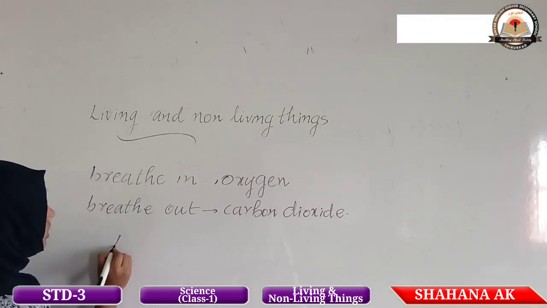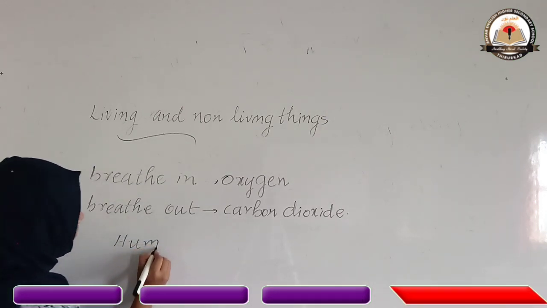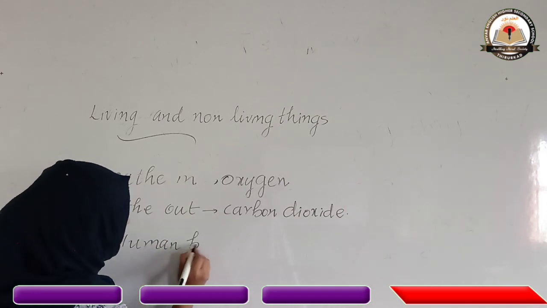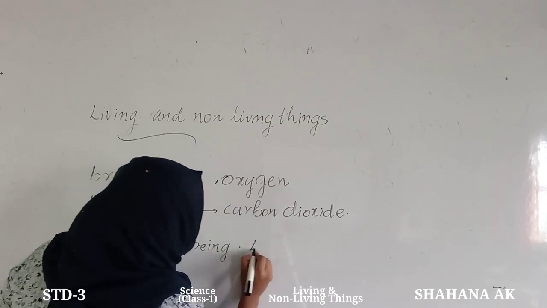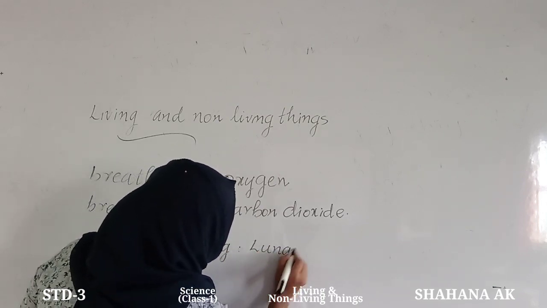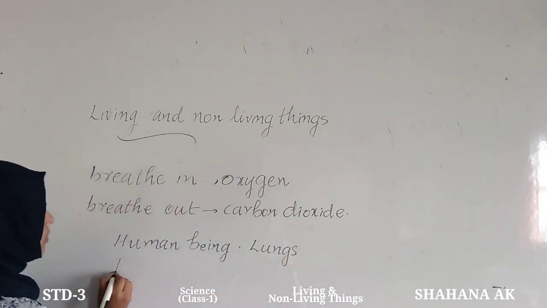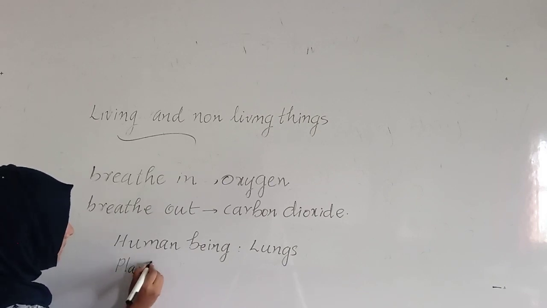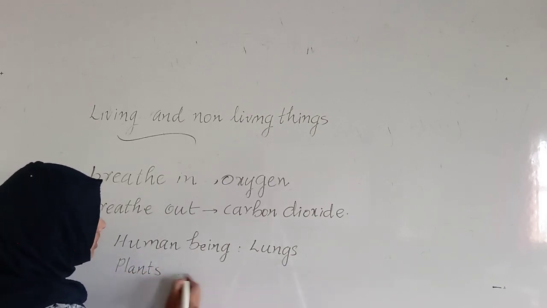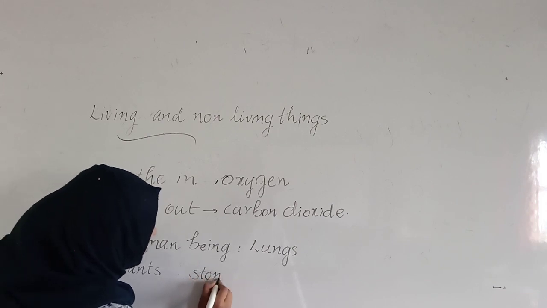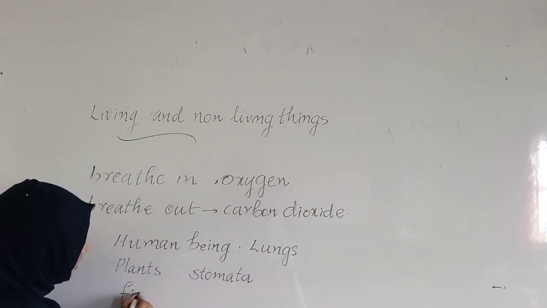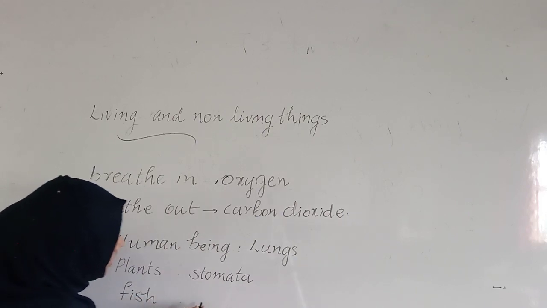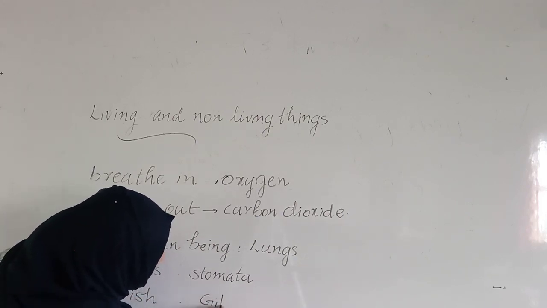First one, human beings. We are using our lungs to breathe. Then plants use stomata. Fishes are using their gills.